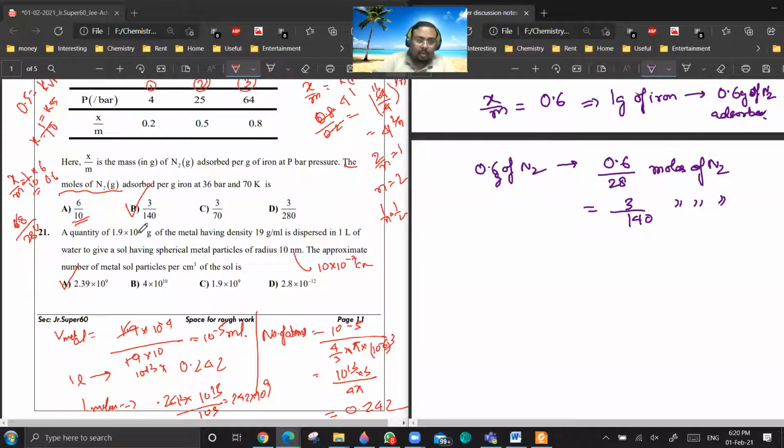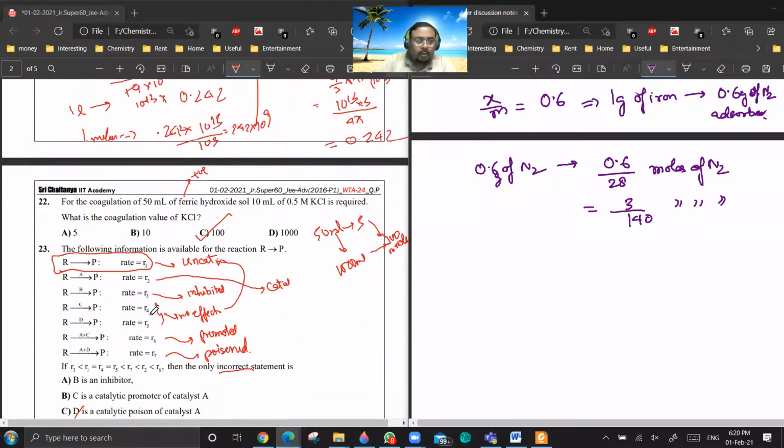The amount of metal is given and the density is given, so you can find the volume of metal, and the radius of the particles is given, so you can find the volume of the particles, so you can find the number of particles. If you can find the number of particles in 1 ml, then in 1 liter you can just calculate. Is it clear everyone?